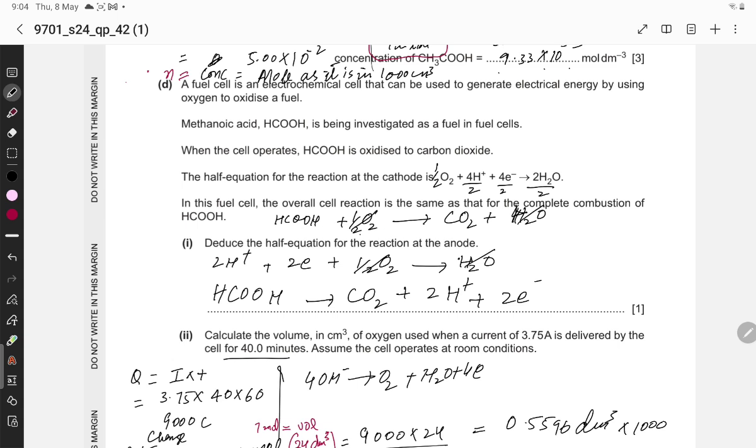So HCOOH plus oxygen forms carbon dioxide and water, and this is the first equation and this is the second equation.